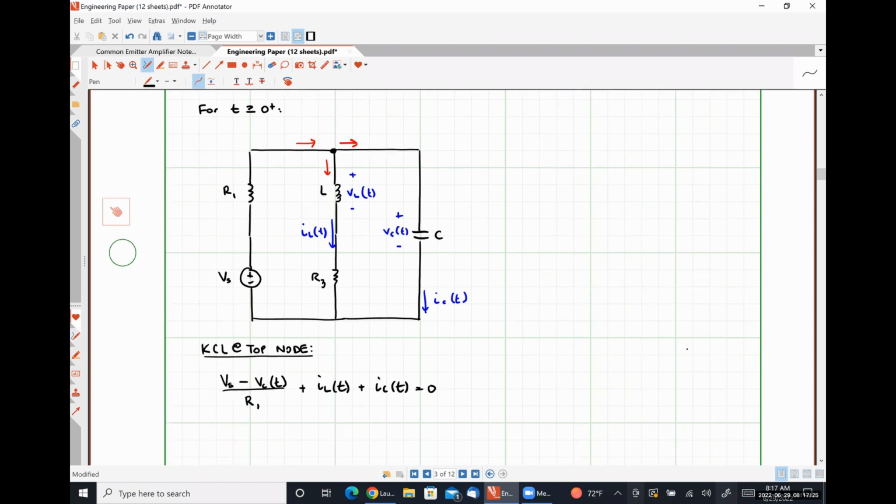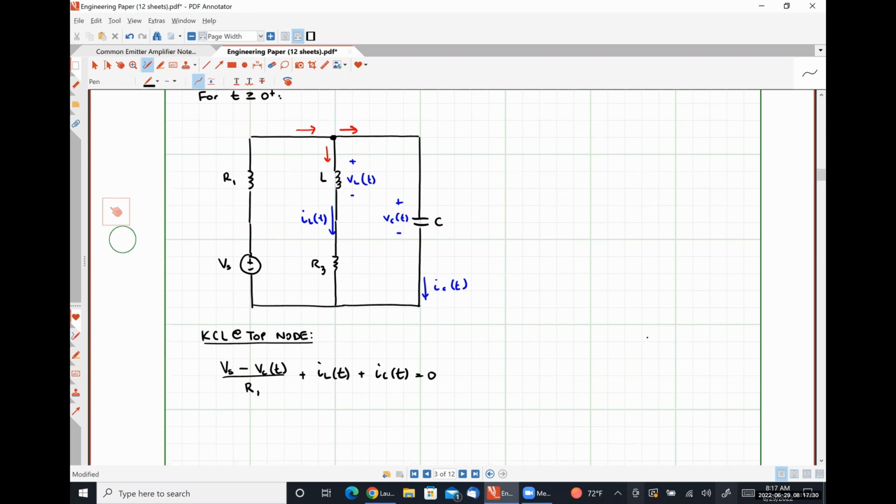Now what I'm going to do is a little bit of manipulation for this particular equation.